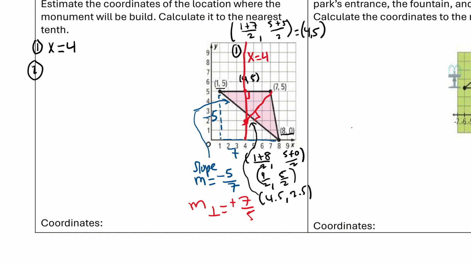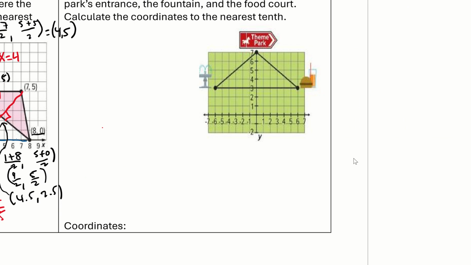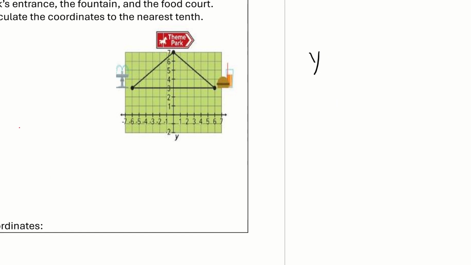Well, now that we know the slope, we can do the equation of a line. Remember, the equation of a line is y equals mx plus b. But there's another equation of the line that you can use as well, and that's the one we're going to use. So here is the equation: y minus y1 equals m times x minus x1.